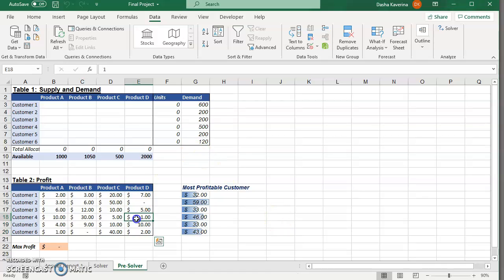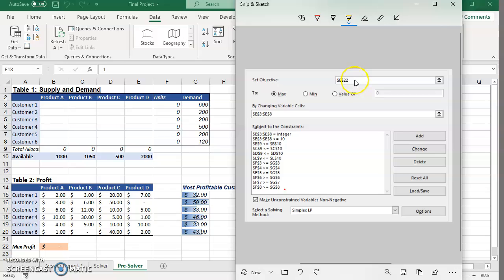And next, we need to set up constraints for the Solver. So here I have my set objective as maximizing profit. The cells that I will be changing will be B through E, the quantities. Alright, now more detail on the constraints.